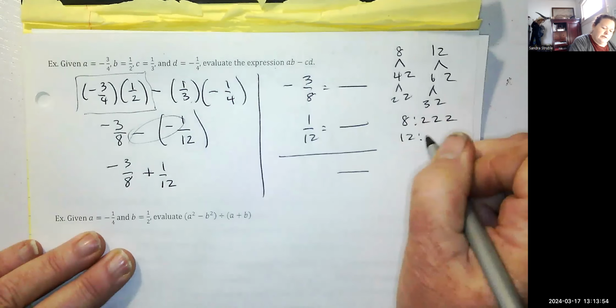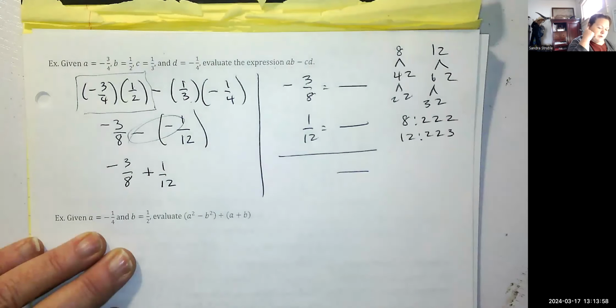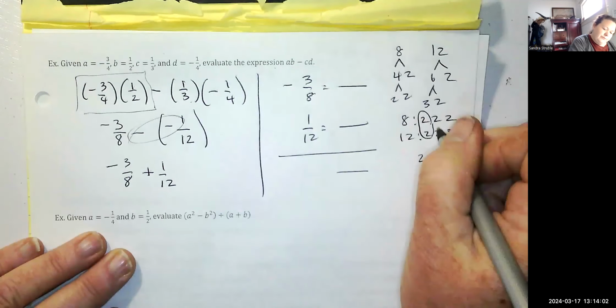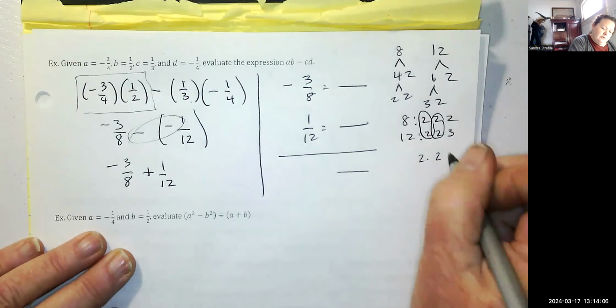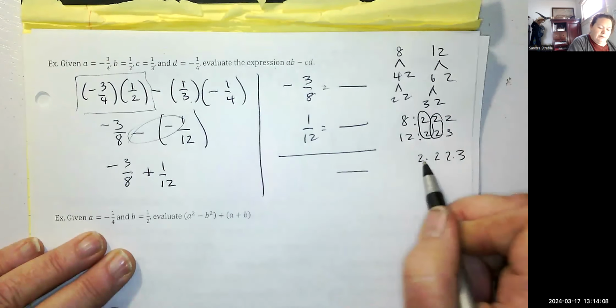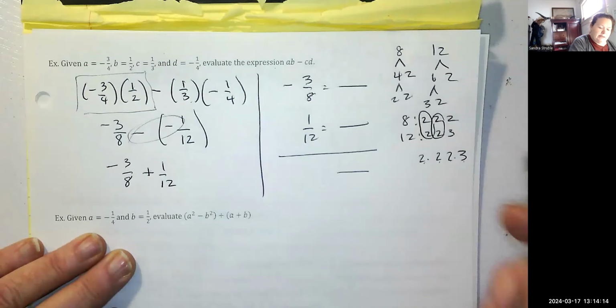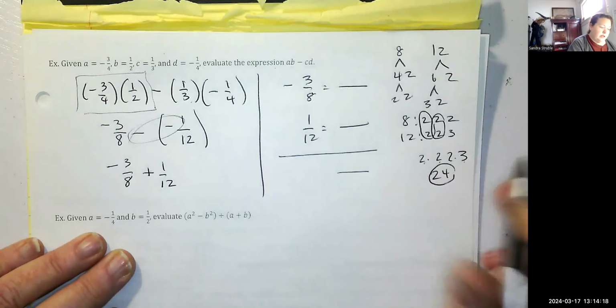And 12 has 2, 2, and 3. So what are we going to use here? We need 2, 2, and then 2 and 3. 2 times 2 is 4. 4 times 2 is 8. And then 8 times 3 is 24.